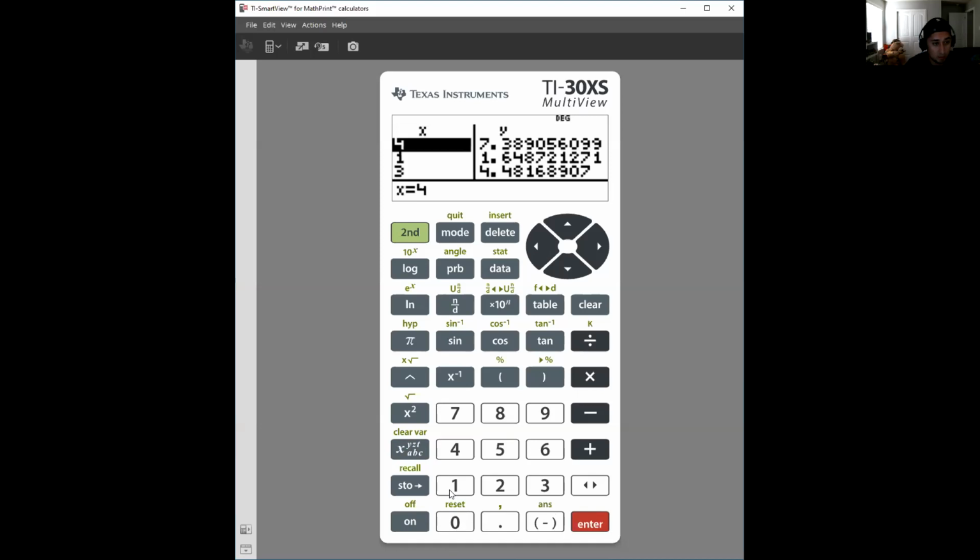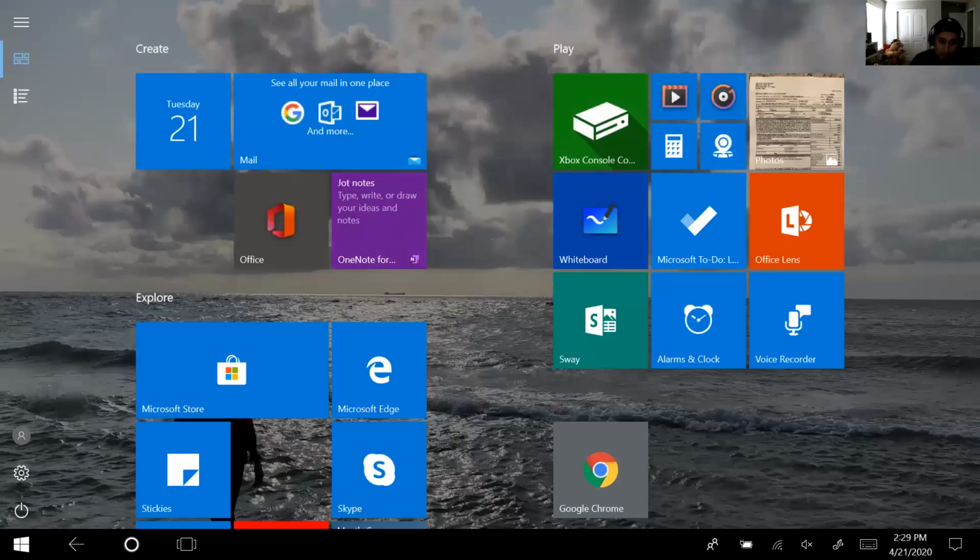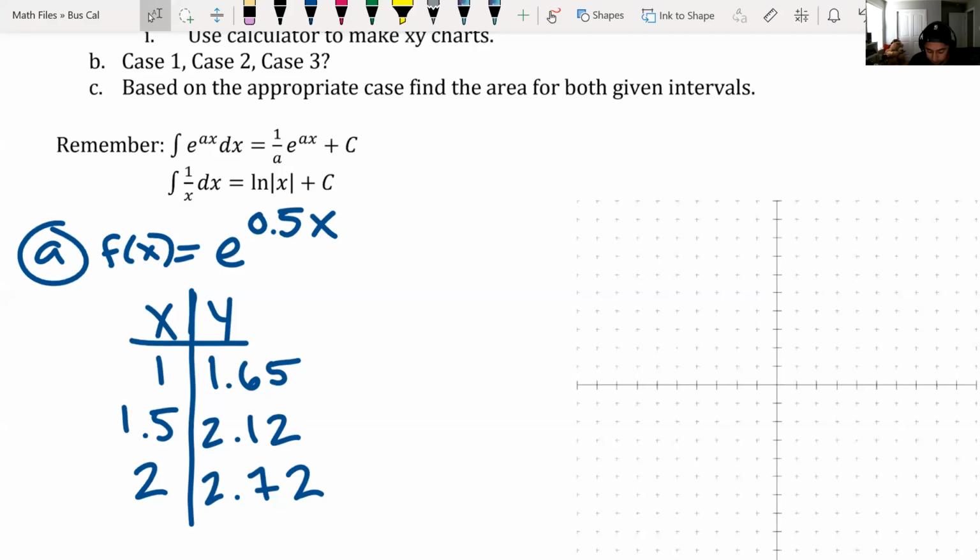And I did 1, 1.5, and 2. That's all I did. Okay. I'll come back here. Zoom in, share. Perfect.